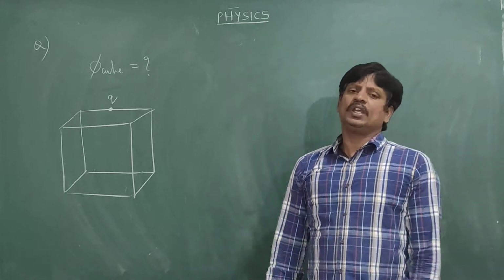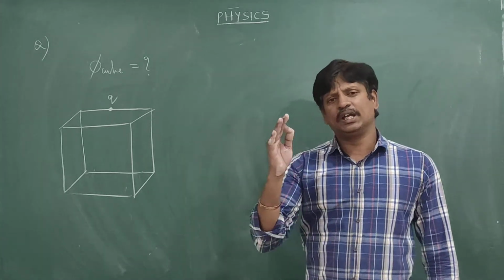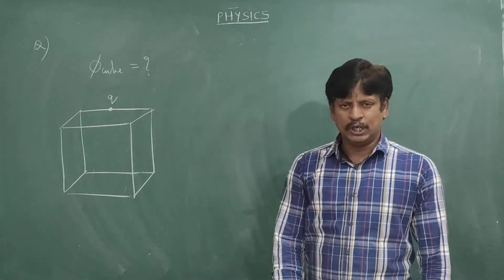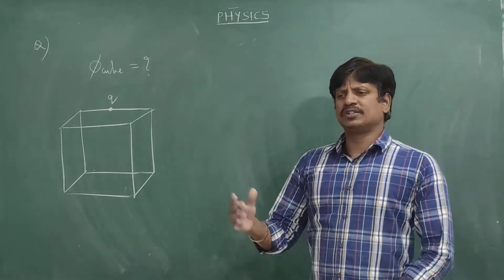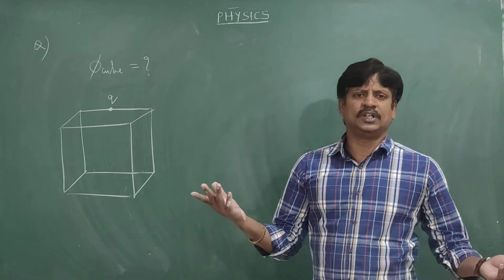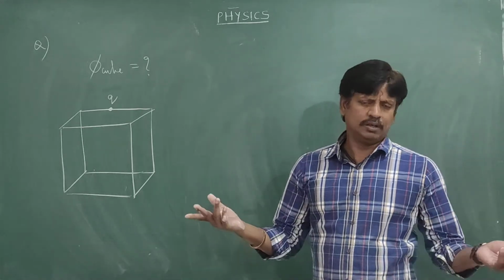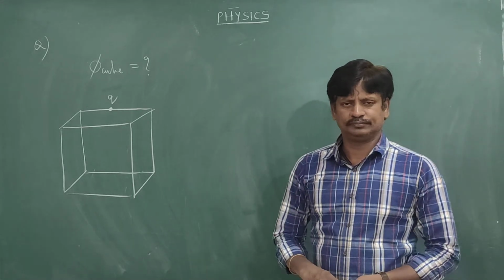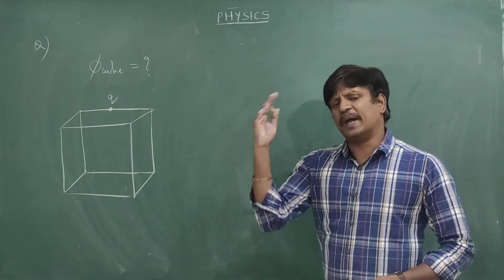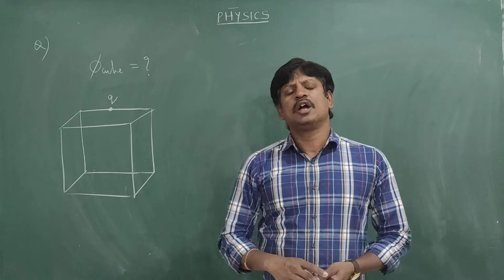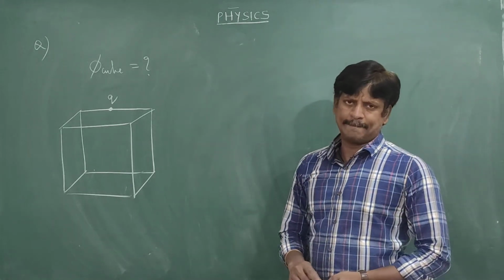Now, if you want to apply Gauss law, we need a Gaussian surface. The Gaussian surface might be imaginary or it might be real, that we don't know. Now, I told you, it's always better to imagine a symmetrical Gaussian surface.